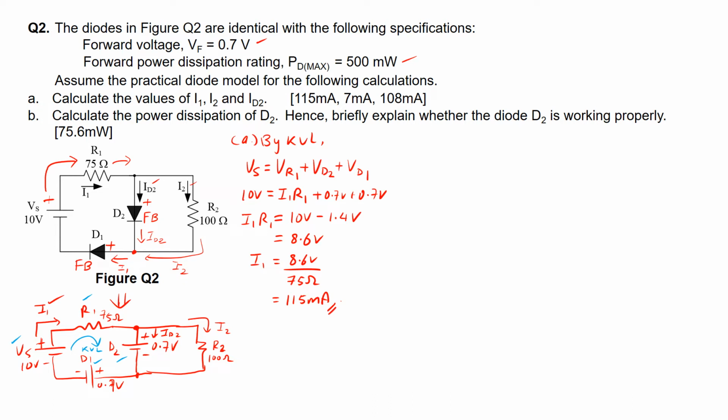Next, we go on to calculate I2. So this is the current I2 that we are supposed to calculate here.